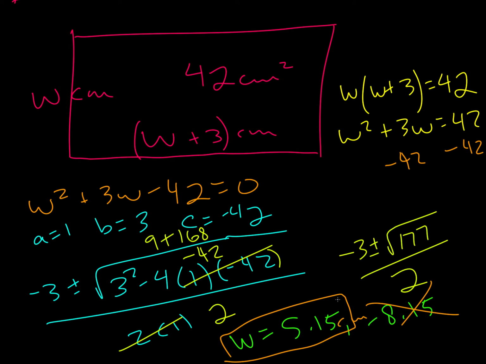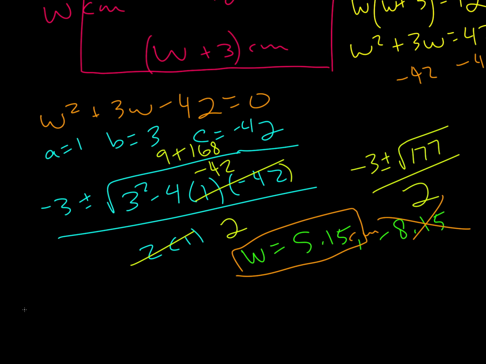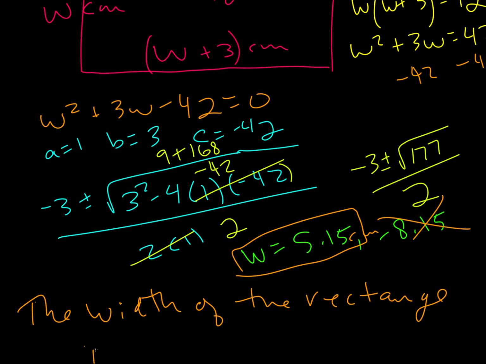It's not really a question, but it says find the width of the rectangle. So we're just going to say the width of the rectangle is 5.15 centimeters. And then we're done.